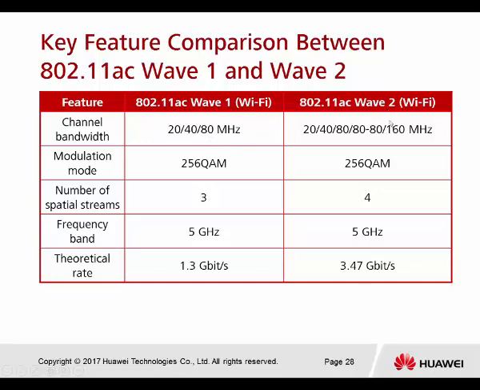Wave 2 can support up to 160 MHz. The number of spatial streams, Wave 1 only has 3. Wave 2 supports 4. Both operate in the same frequency band. The theoretical rate for Wave 1 is only up to 1.3. Wave 2 can go up to 3.47.